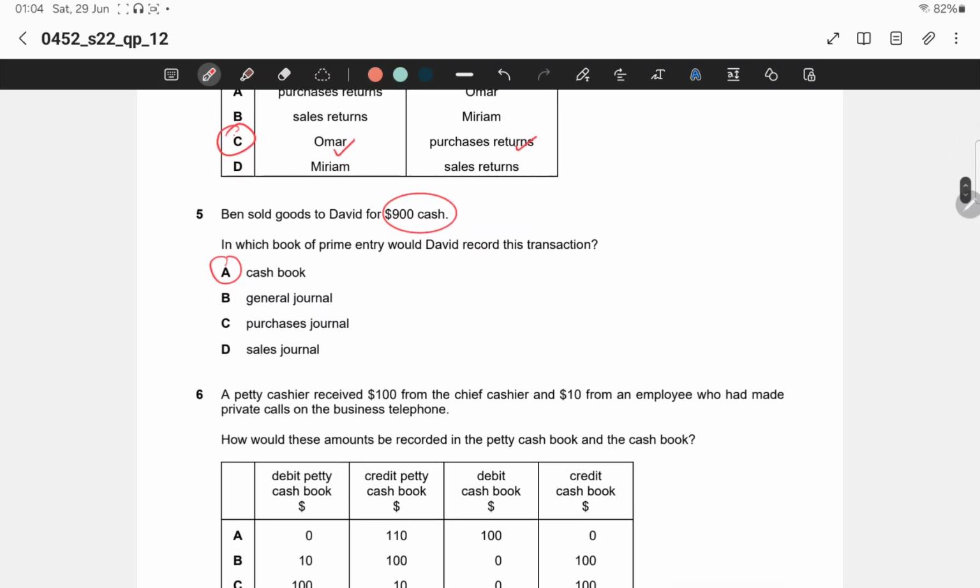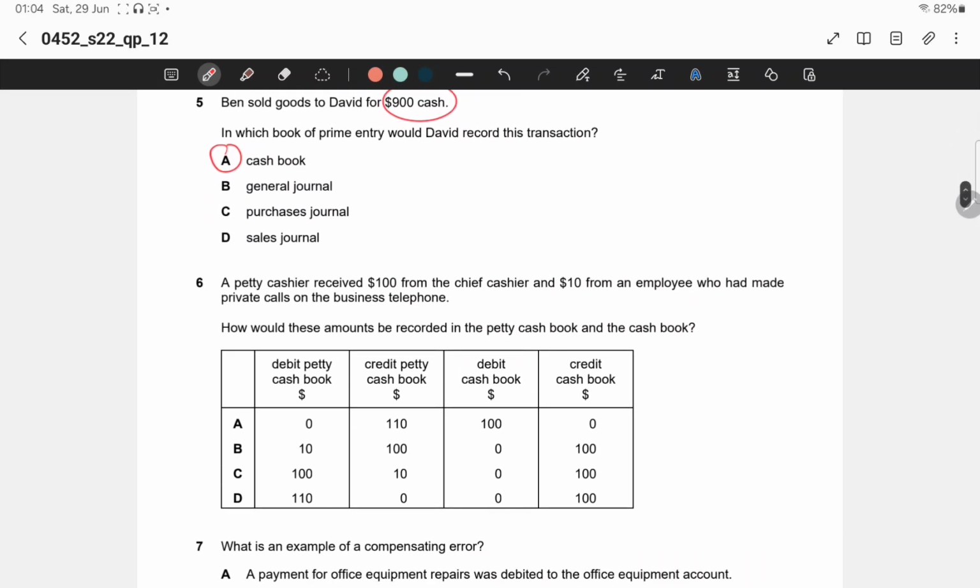Next. The petty cashier received 100 from the chief cashier and 10 from an employee who had made private calls on the business telephone. How would this amount be recorded in the petty cash book and the cash book? Received 100 from the chief cashier and 10 from an employee, so in total the petty cashier receives 110. Obviously this is the petty cash book.